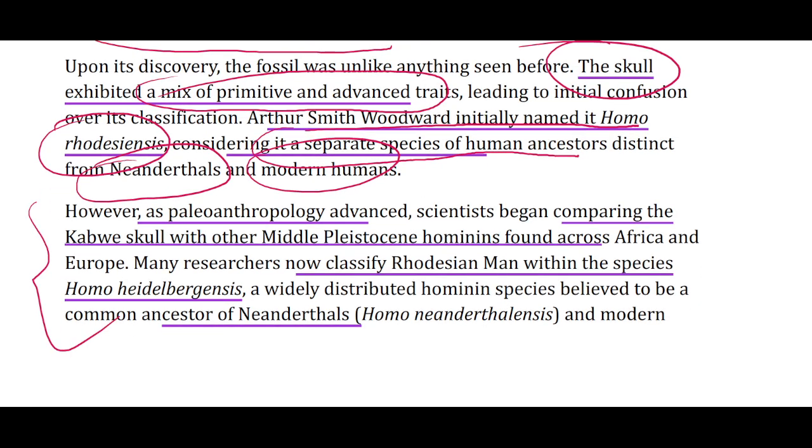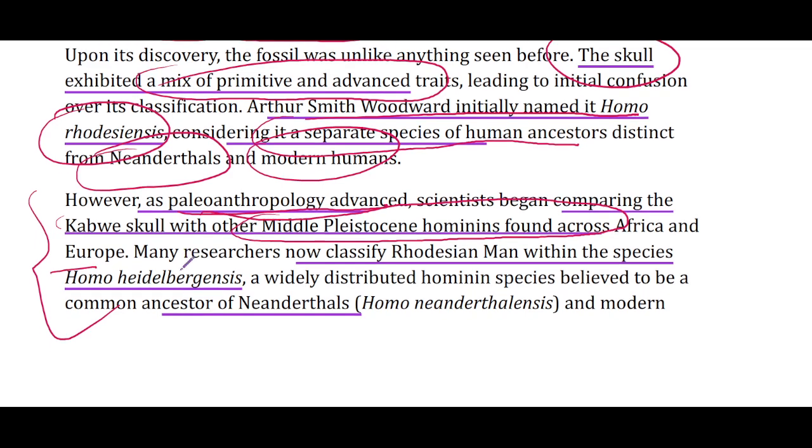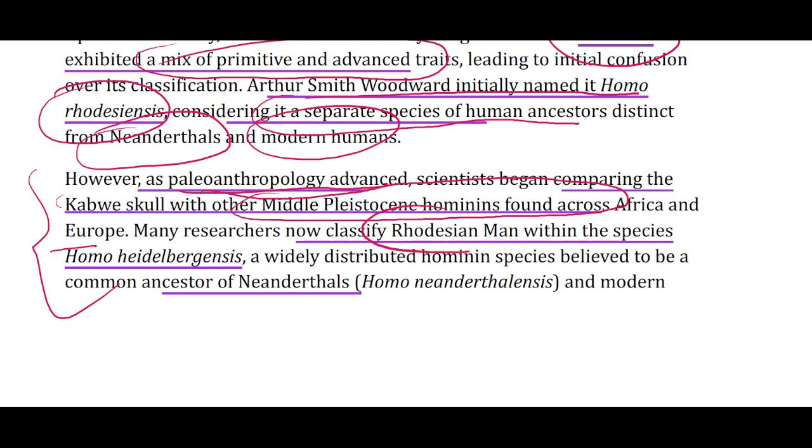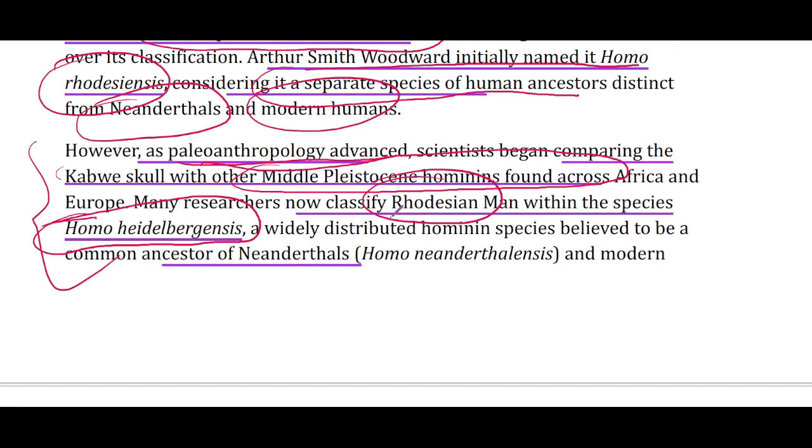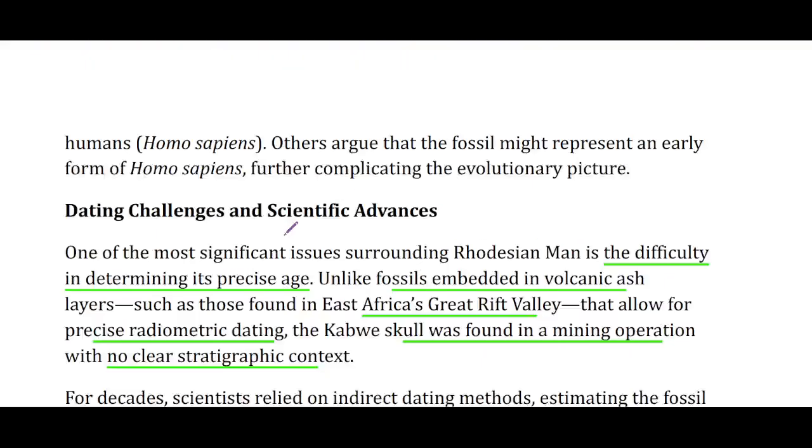But as paleoanthropology advanced, scientists began comparing this skull with other Middle Pleistocene hominins that were found across Africa and Europe. And now Rhodesian man is classified as a member of Homo heidelbergensis. And Homo heidelbergensis is a hominin species believed to be the common ancestor of both Neanderthals and modern humans.